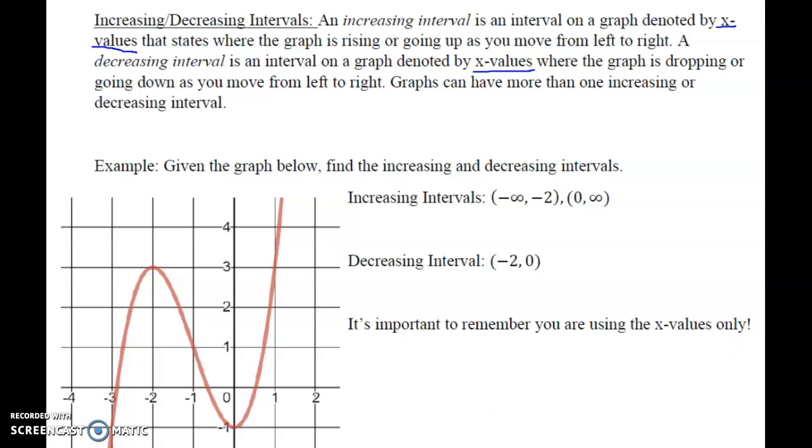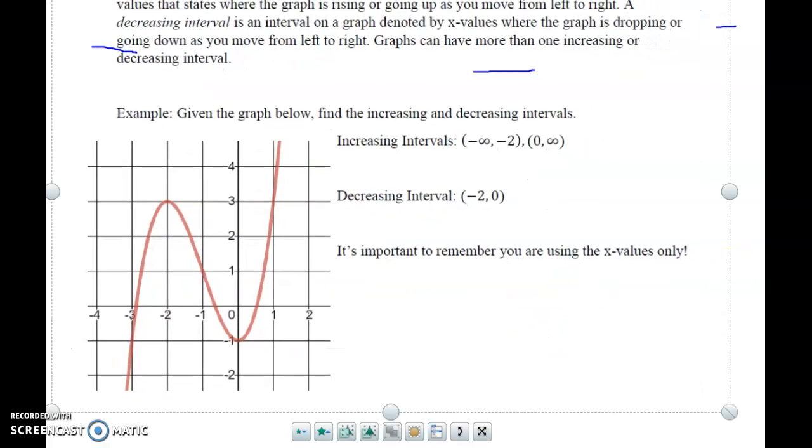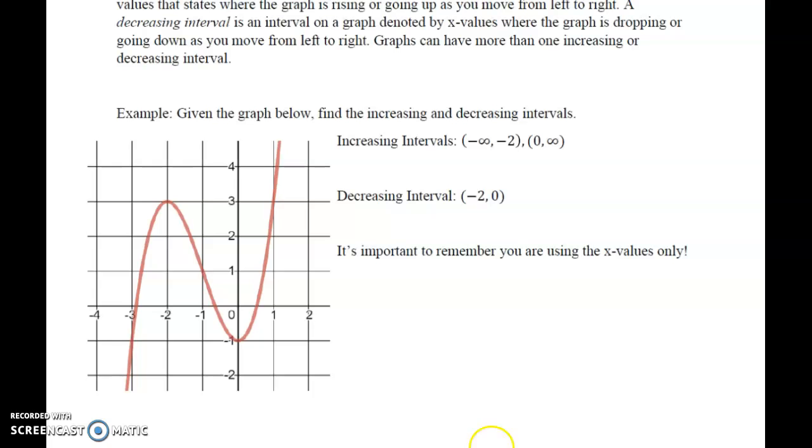So we have an example here. It says, given the graph below, find the increasing and decreasing intervals. So we're going to do that here. What I'm going to suggest is you make a number line, okay?